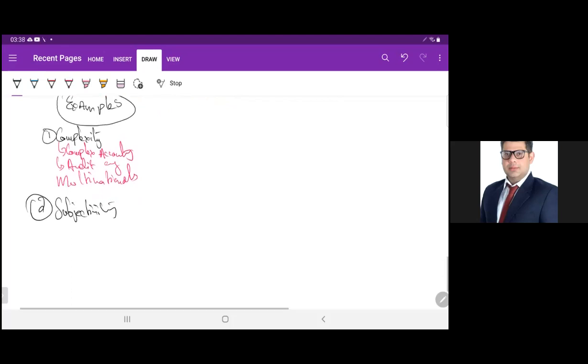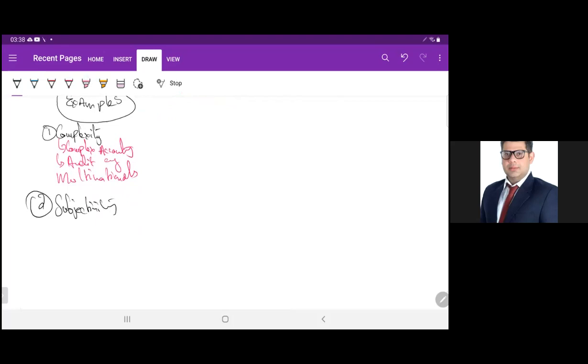For example, subjectivity can give rise to inherent risk because of, for example, a choice of valuation methodology, or the basis of accounting estimates.